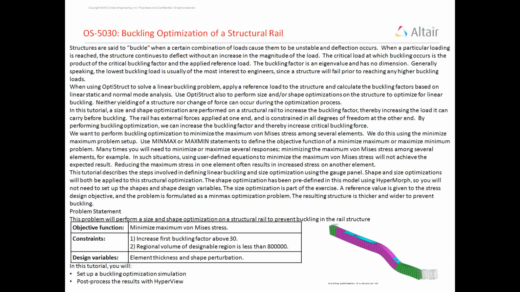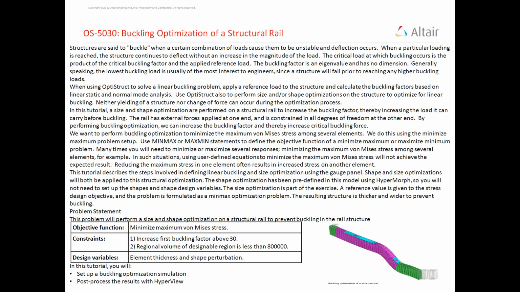Structures are said to buckle when a certain combination of loads causes them to be unstable and deflection occurs. When a particular loading is reached, the structure continues to deflect without an increase in the magnitude of the load.